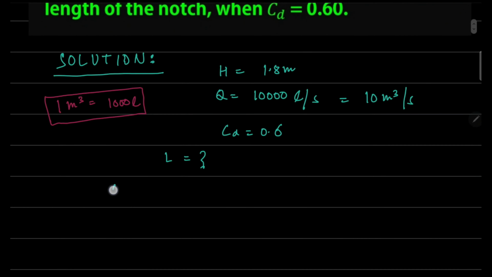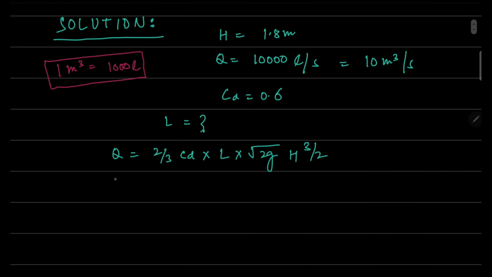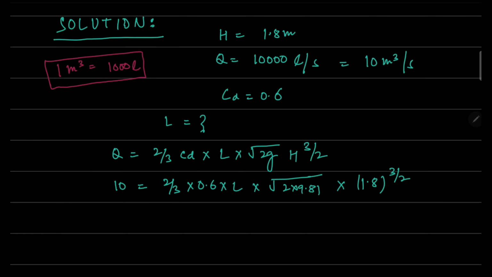We will again use the same equation, Q is equal to 2 by 3 CD multiplied by L under root 2g, H raised to the power 3 by 2. So Q is your 1 multiplied by 2 by 3, CD is 0.6, L multiplied by under root 2 into 9.81 multiplied by 1.8 raised to the power 3 by 2.